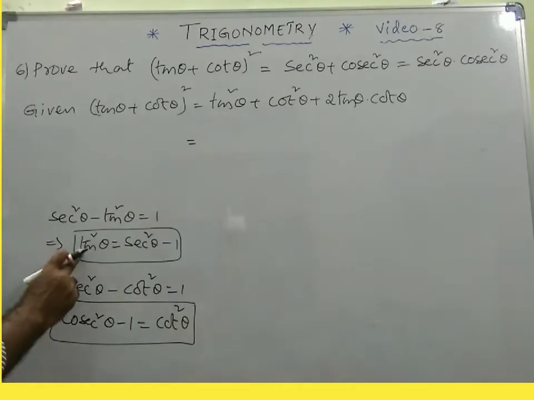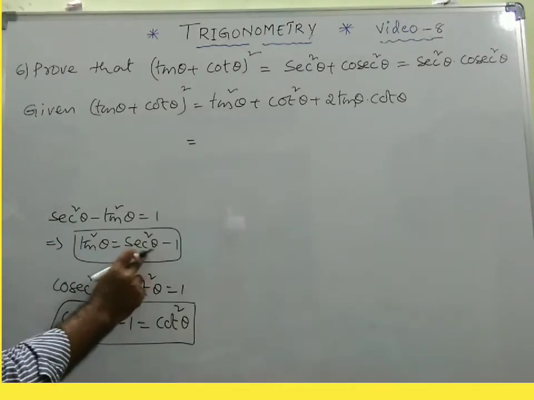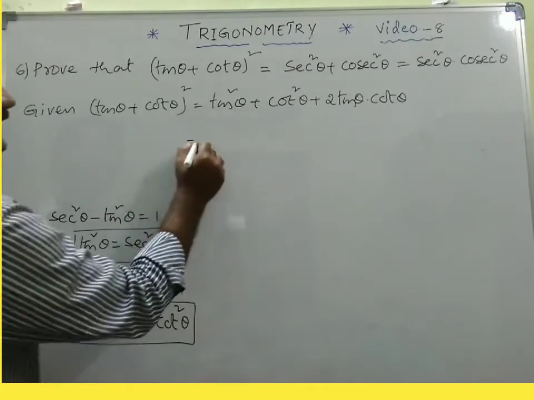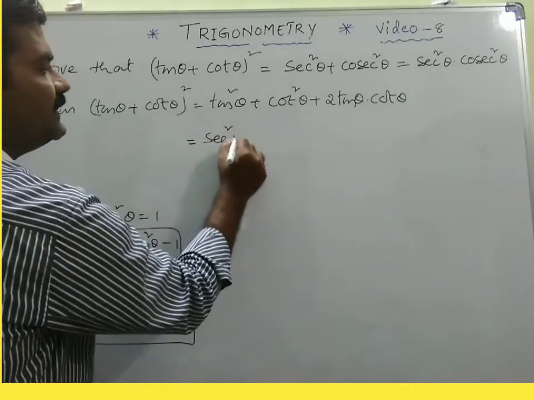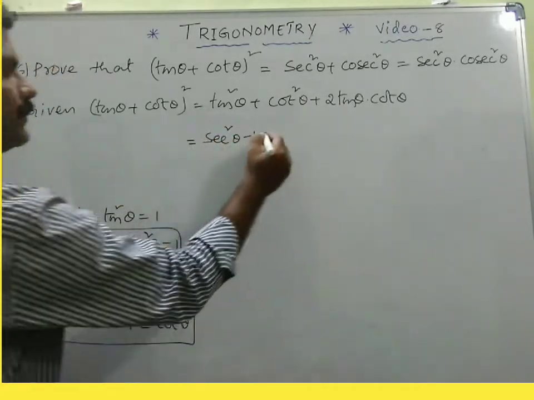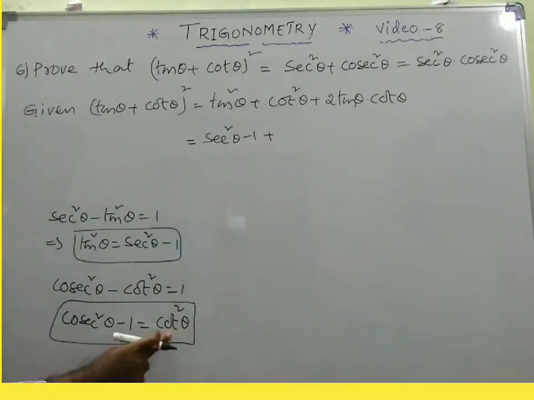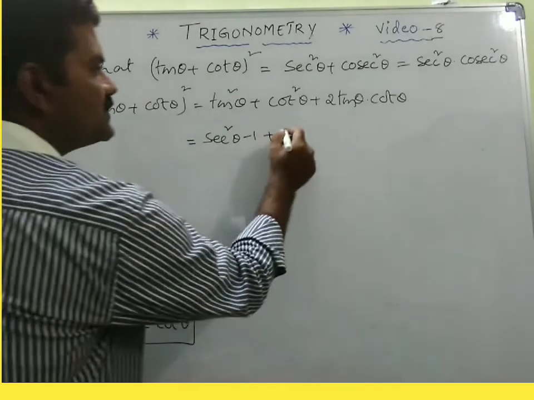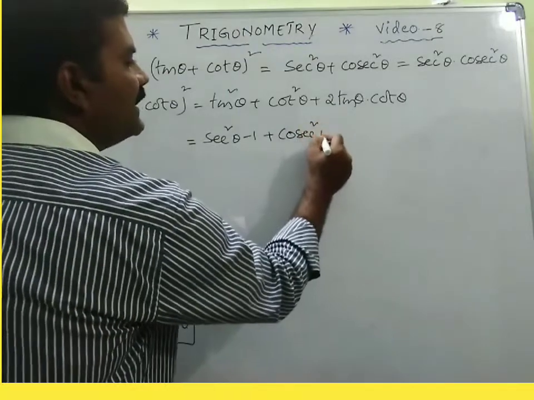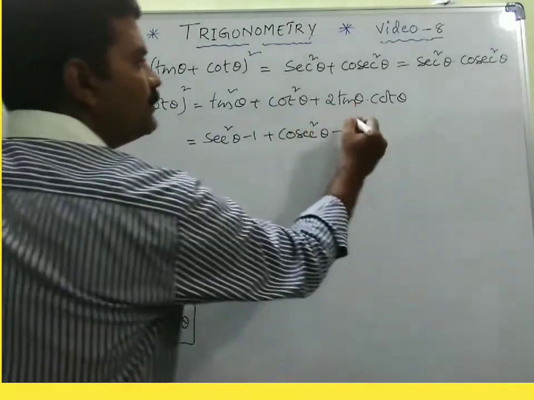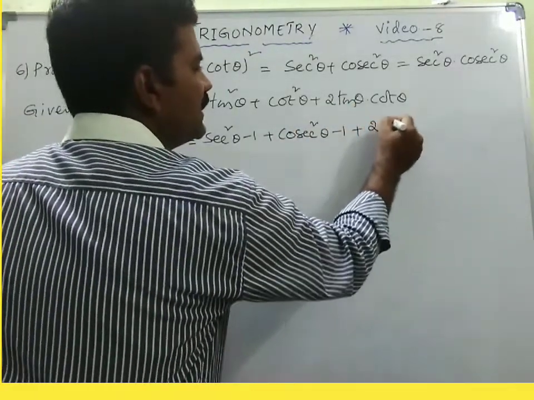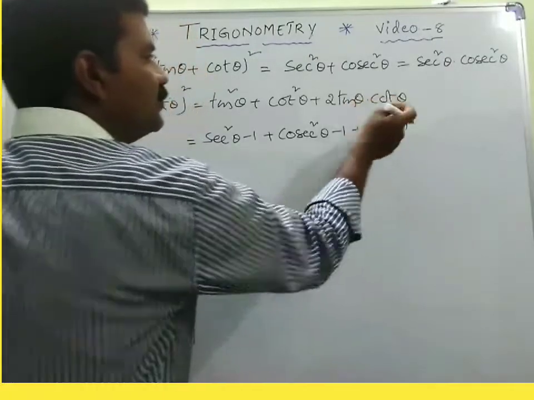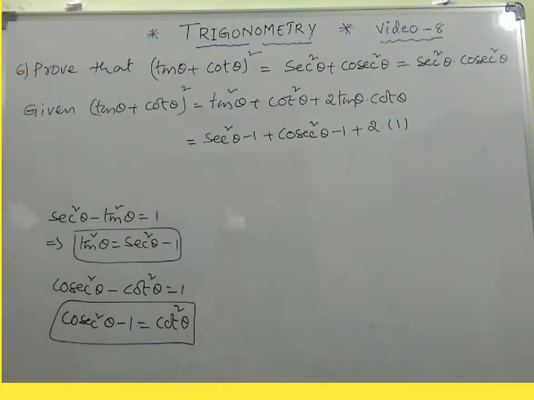So now replace tan square theta, we can write it. Tan square theta is nothing but secant square theta minus 1, plus cot square theta is equal to cosecant square theta minus 1, and plus 2 into tan into cot. Both are reciprocals, hence their product is 1.